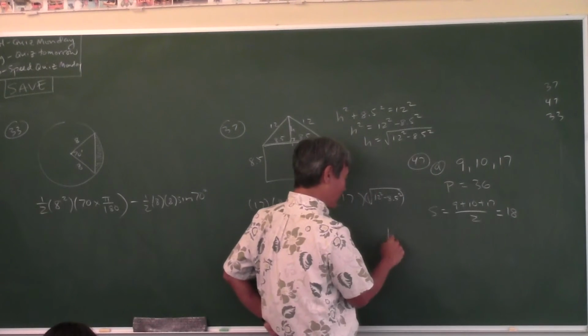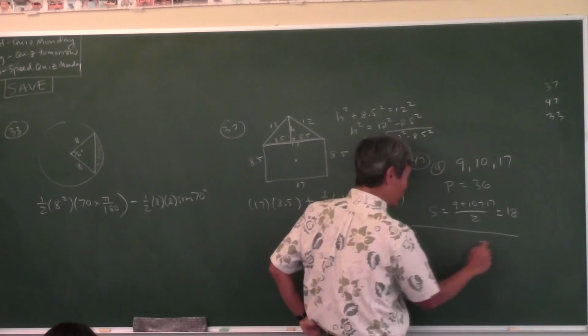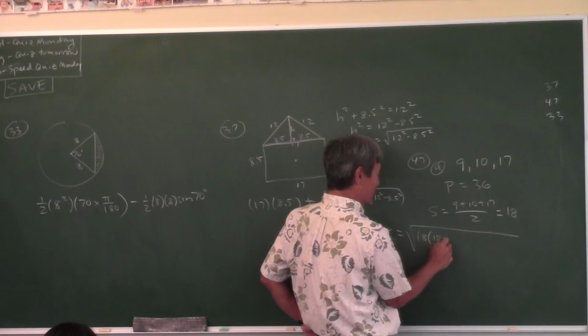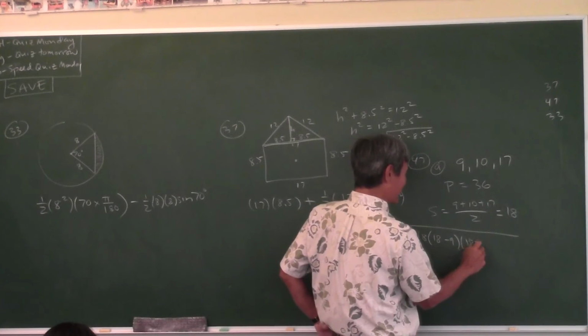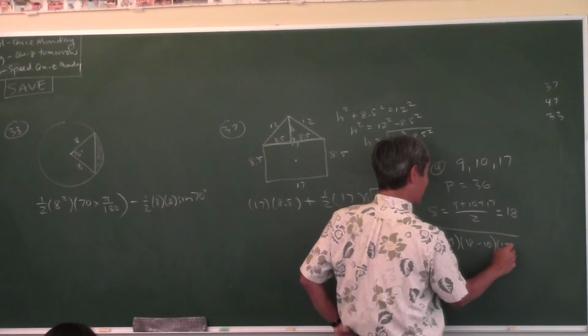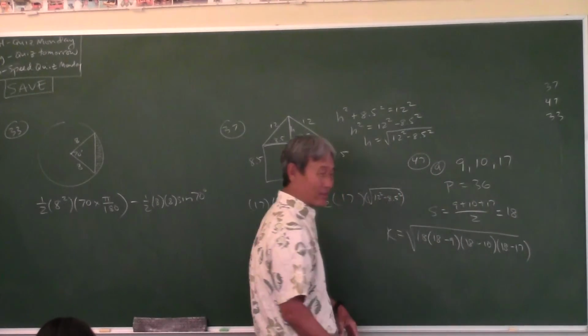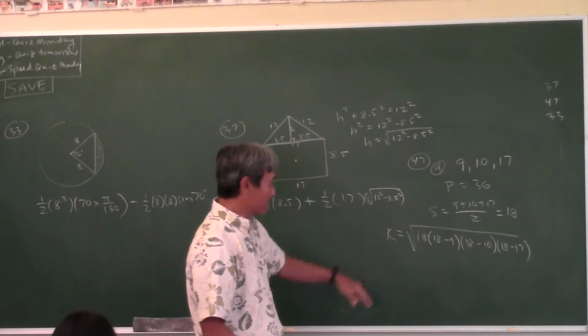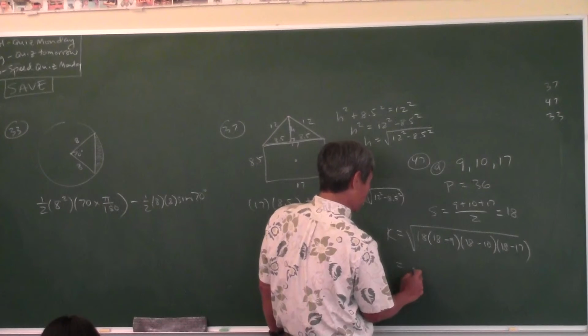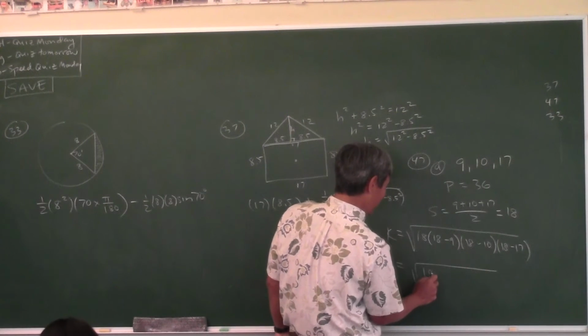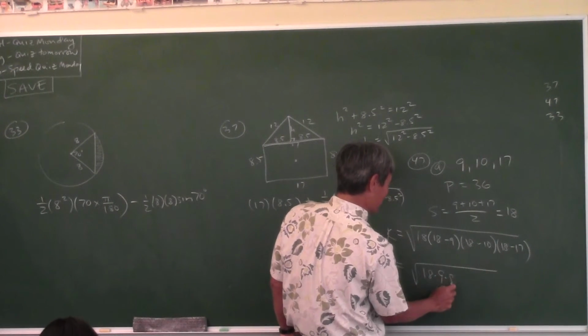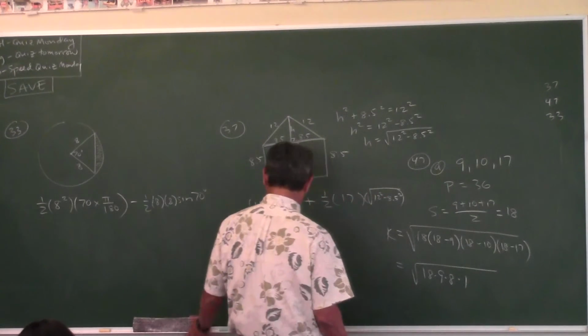So using Heron's formula, the area is equal to the square root of s times s minus one side, s minus another side, and then s minus the third side. So hopefully, if I do everything correctly, this should come out to 36. So that comes out to square root of 18 times 9 times 8 times 1.